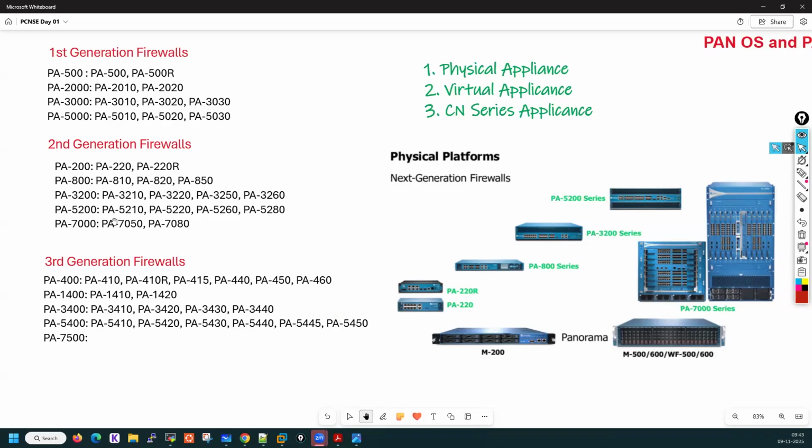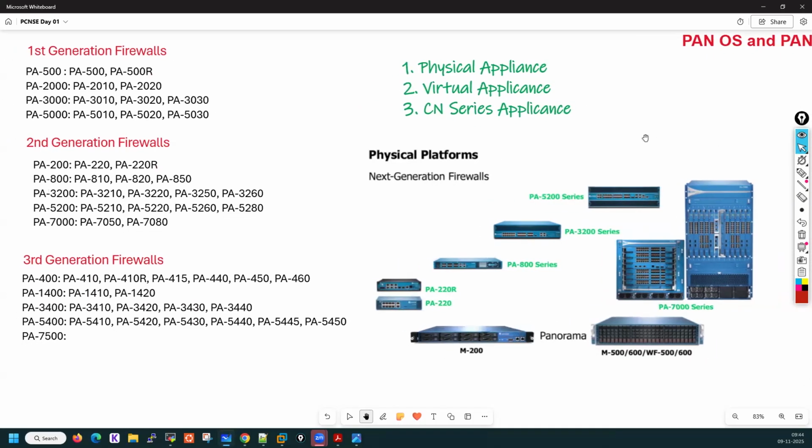Now generation-wise, as I have mentioned, what they used to change, they used to upgrade their hardware appliance in the backend, like their CPU version, CPU cores, their RAM, SSD, those things they used to update in each and every generation. Okay. And whatever the latest technology they are running on those CPUs, they use those particular chips. And guys, let me tell you one more story here. All the devices of Palo Alto use Intel chips only.